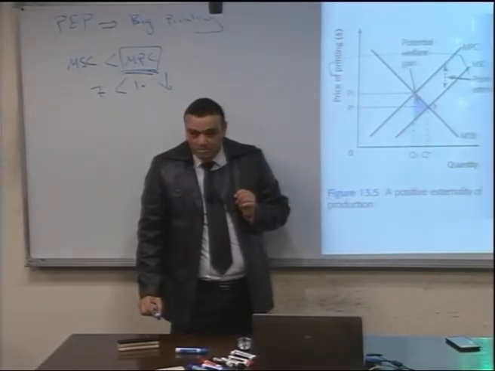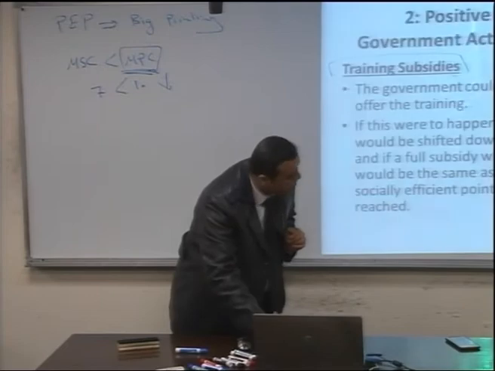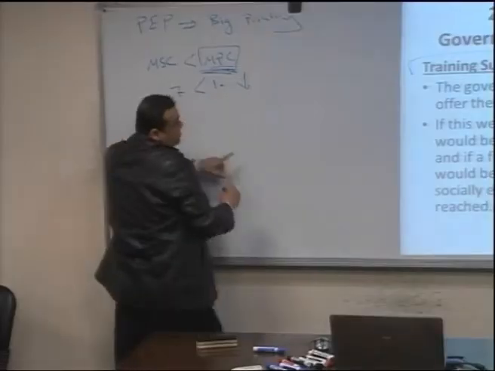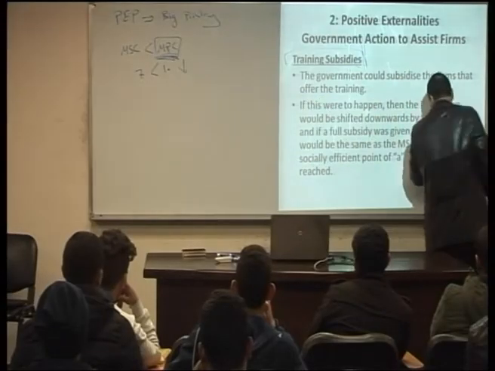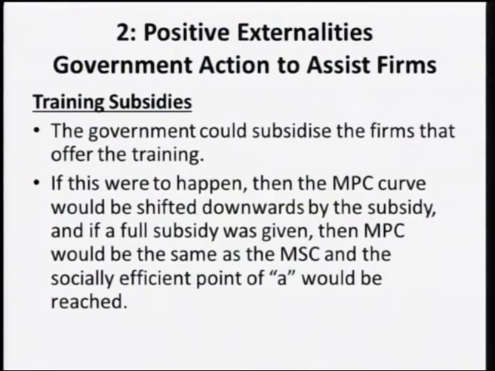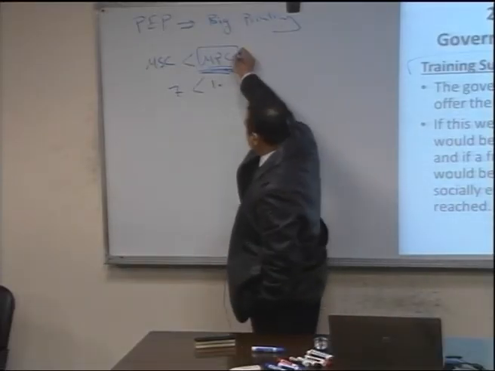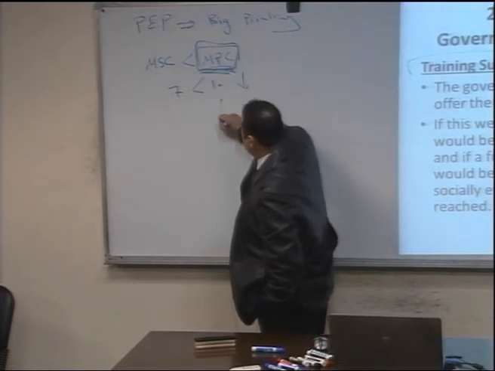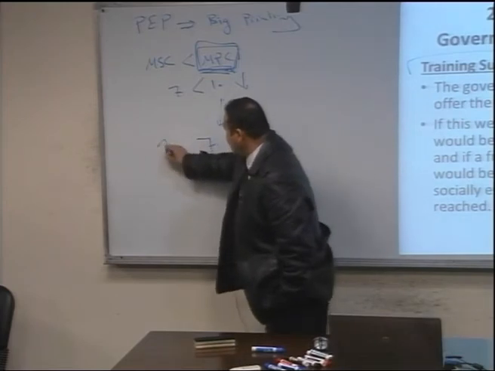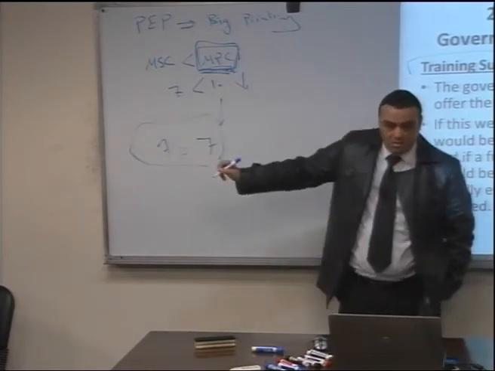Okay? What else? Then the marginal private cost would be the same as the marginal social cost. As I mentioned, the marginal private cost should go down to 7. So 7 equals 7. Okay?